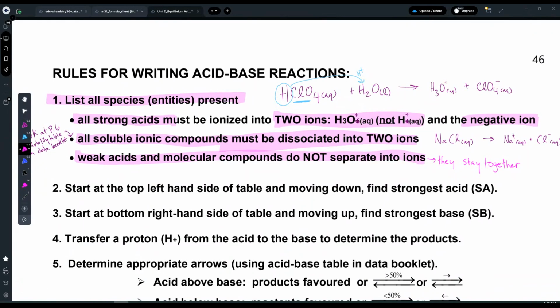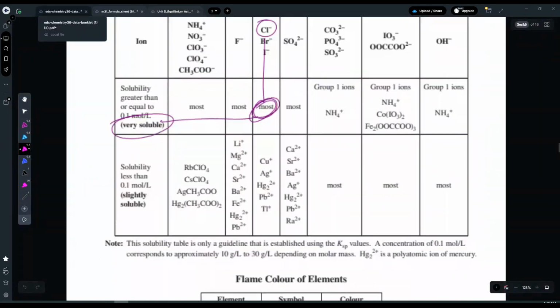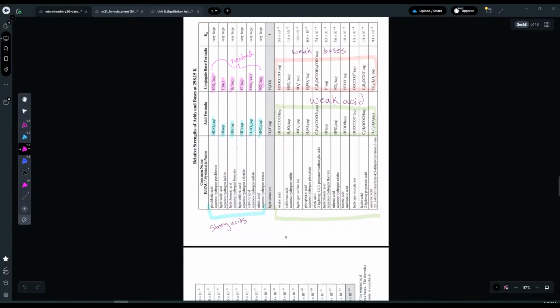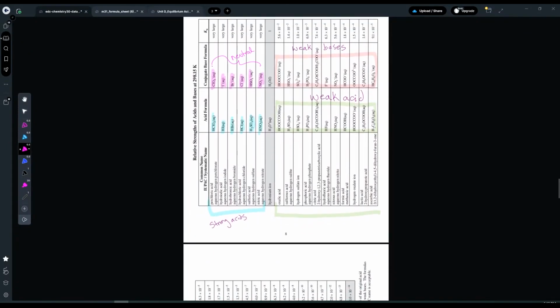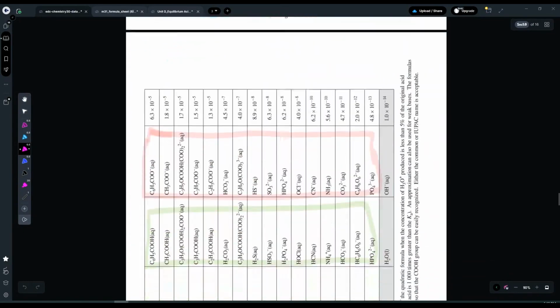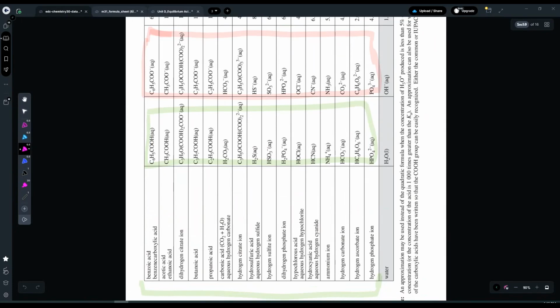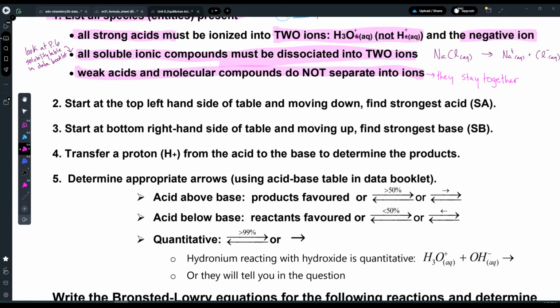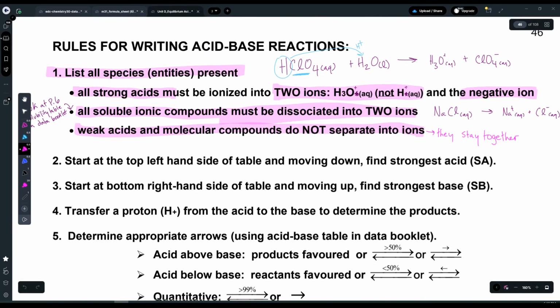Molecular compounds are only made up of nonmetals. And weak acids, you can find those if you go to page 8 or 9 of your data booklet and look in between the two gray lines. Where I've highlighted in green on both pages, that's where your weak acids are going to be found. All right, so that's step 1, list all of your species present.